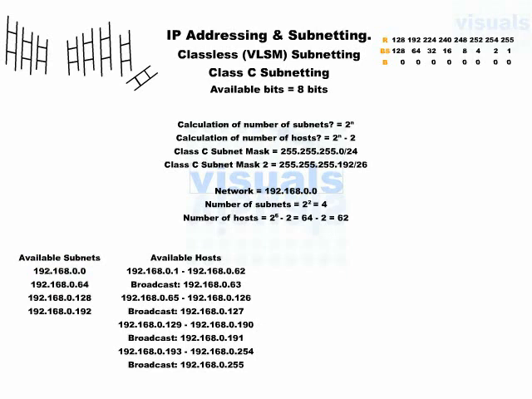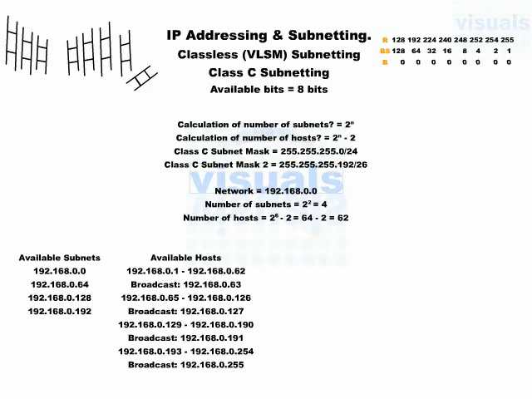But how many hosts are we getting from 6 bits? We are getting 2 into 2, 4, 4 into 2, 8, 8 into 2, 16, 16 into 2, 32, 32 into 2, 64. Same result as the block size. You can calculate block size on your fingertips. So we're getting 64, and by deducting 2, we're getting 62 hosts for each network.